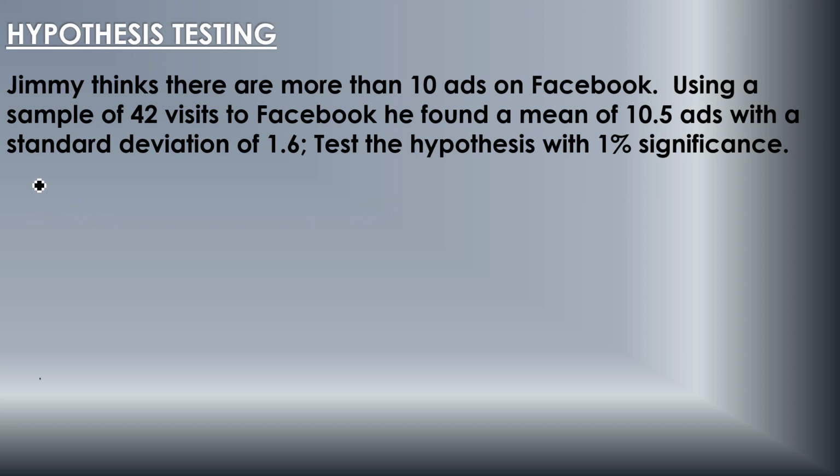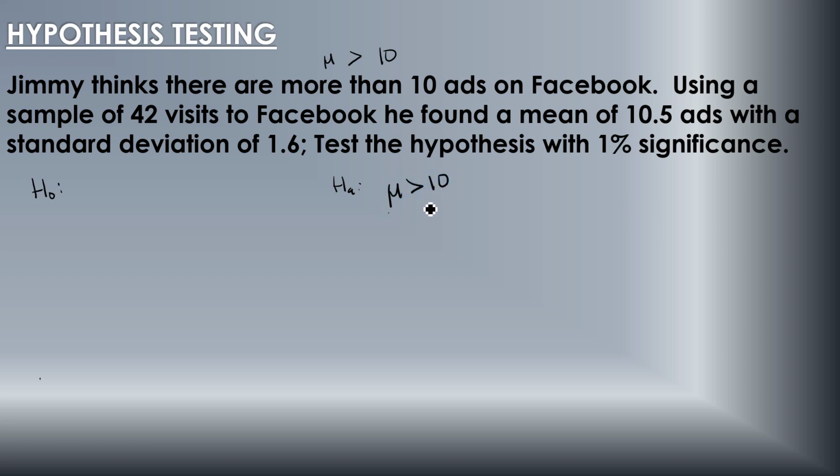So my first step is to identify my null hypothesis and my alternative hypothesis. And in this case, notice he's saying that there are more than. So that is a greater than statement. So that would be mu is greater than 10. That's actually the alternative hypothesis.